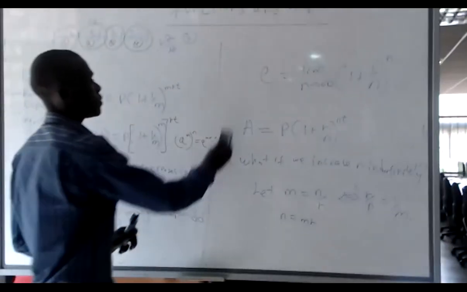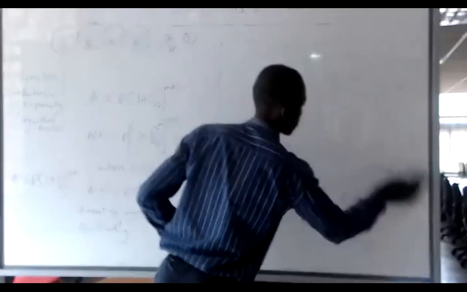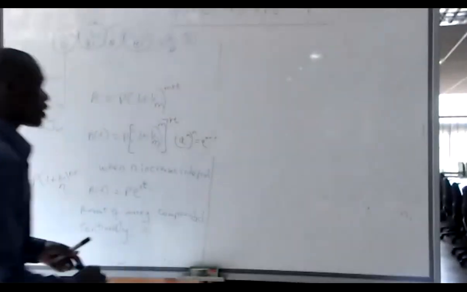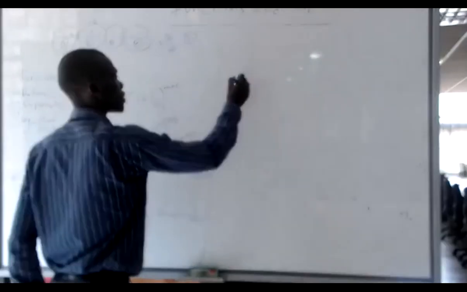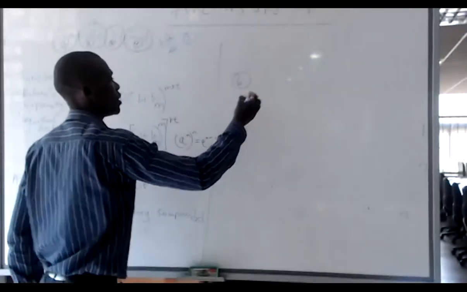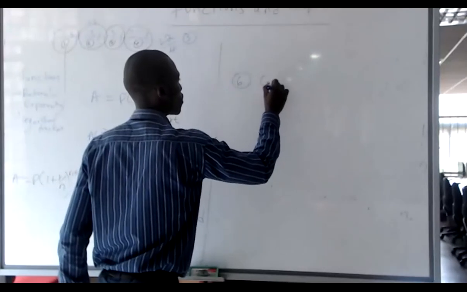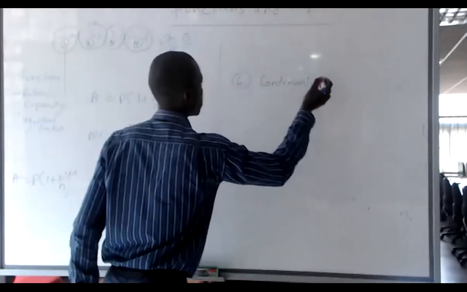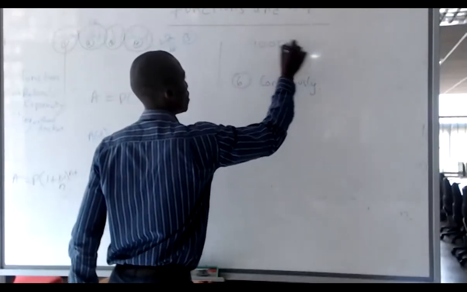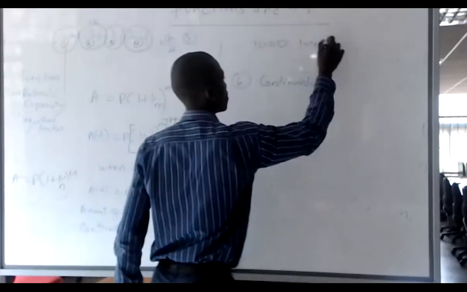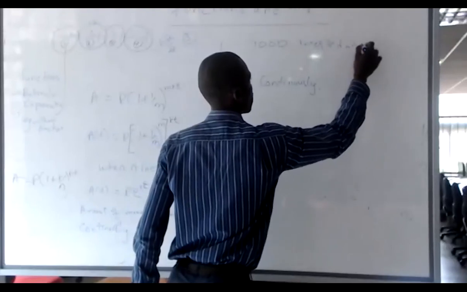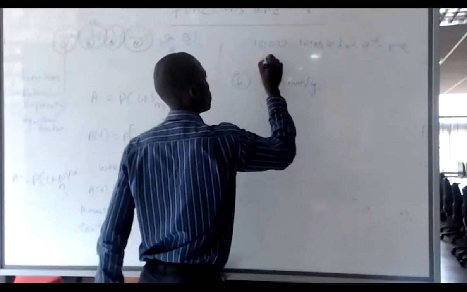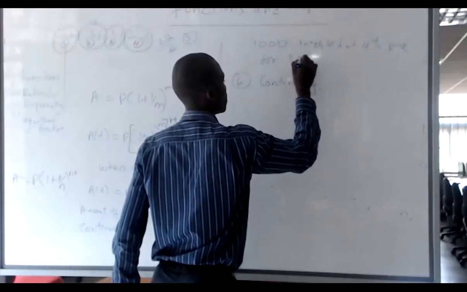As an example, what we had before was up to question 5. So question 6 should be if it is compounded continuously. The question was 1,000 invested at 4% per annum for 3 years.